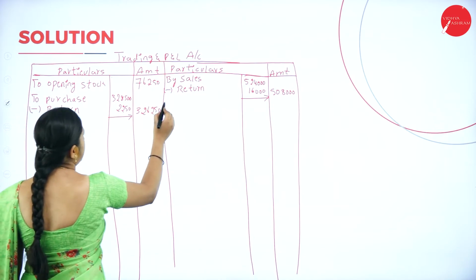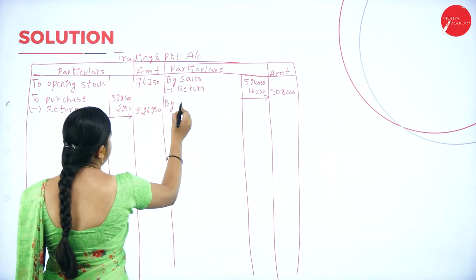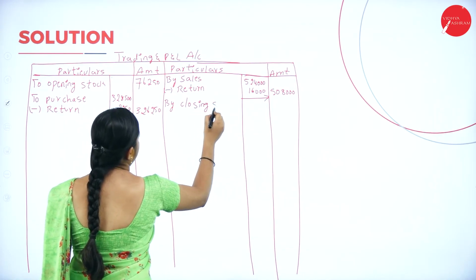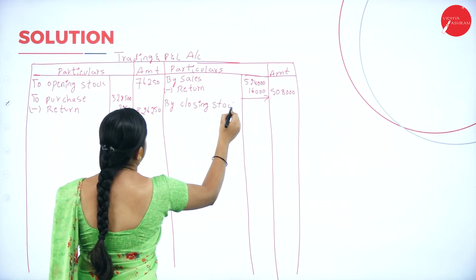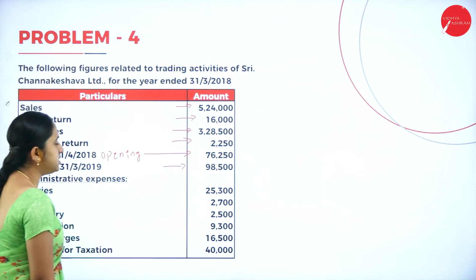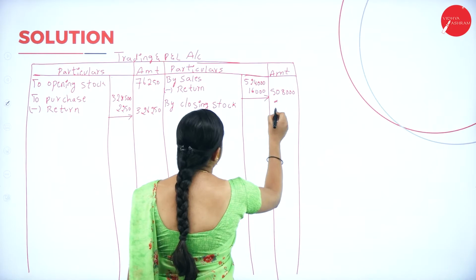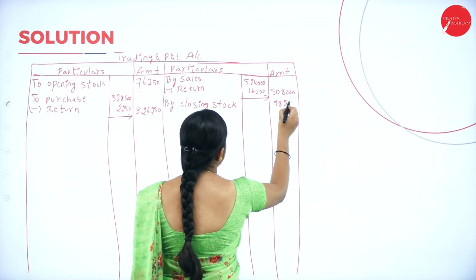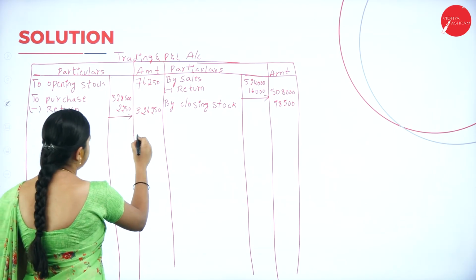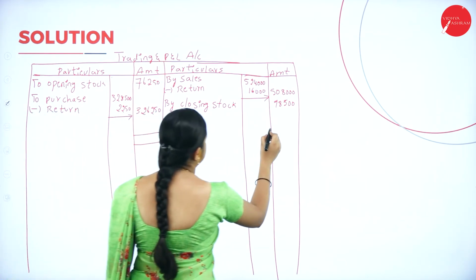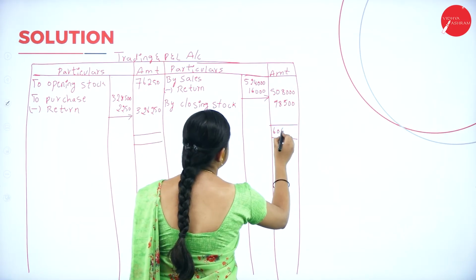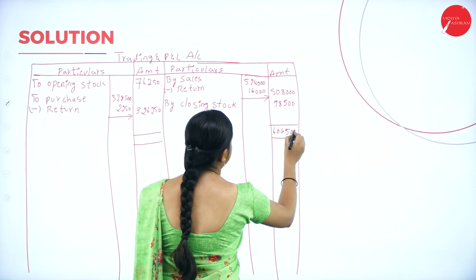Next, by closing stock. Closing stock is rupees 98,500. Now make a total, writing whichever is higher. Total of credit is 6,06,500.